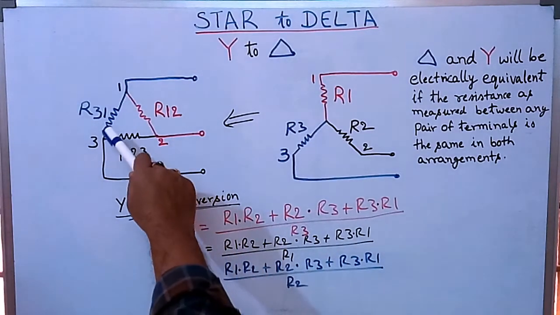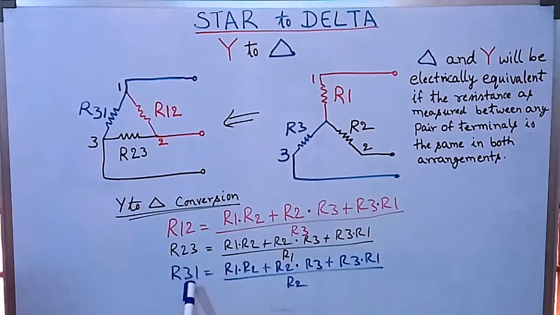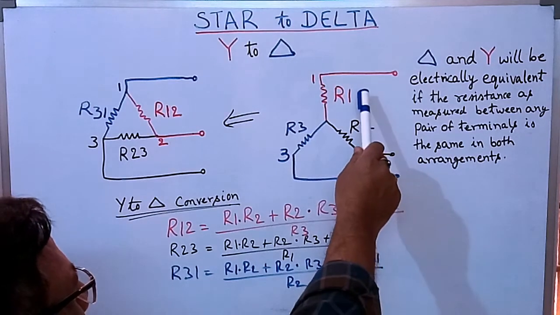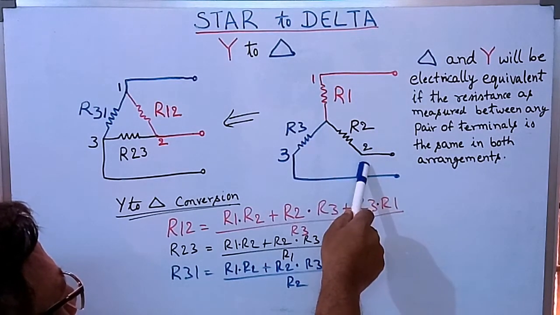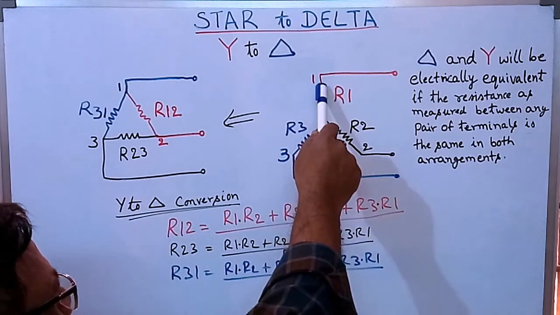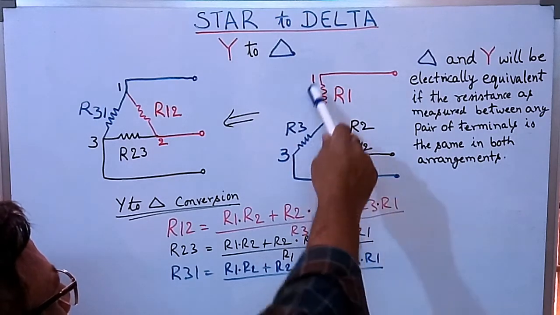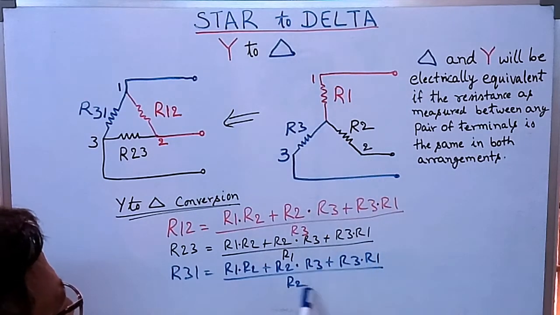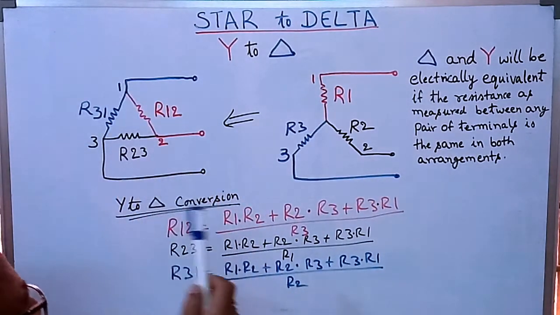Now for the terminal resistance between 1 and 3, that is R31, it equals the product of resistances between terminal 1 and 2 plus the product of resistances between 2 and 3 plus the product of resistances between 3 and 1 divided by, since we are seeing for 1 and 3 terminals, the opposite resistance R2. This will give these delta resistances.